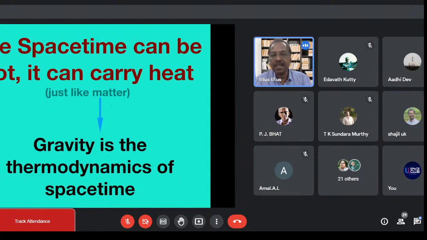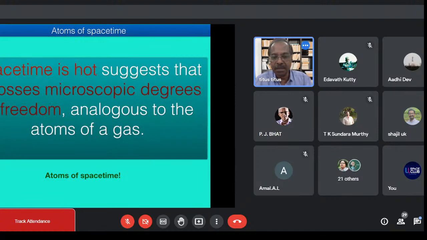Then you can say that space-time must have a microscopic structure. Otherwise, it cannot carry heat. And we call this microscopic structure the atoms of space-time. So the idea that atoms of space-time exist is because of the realization that space-time is hot.